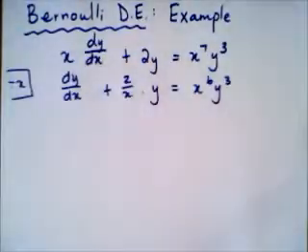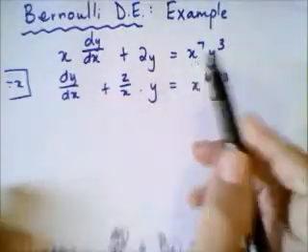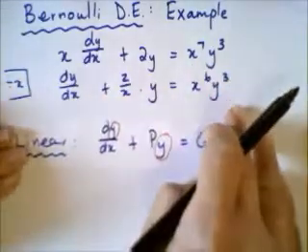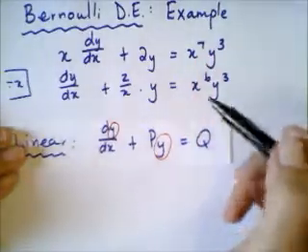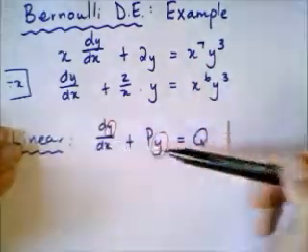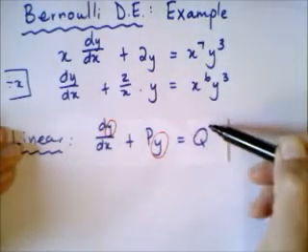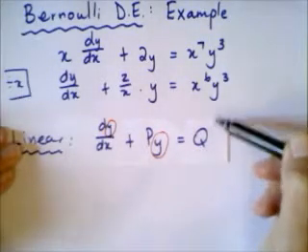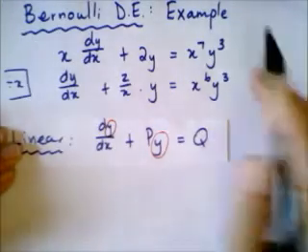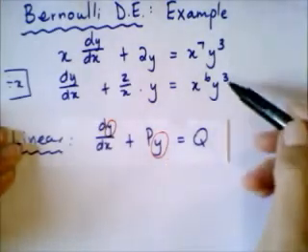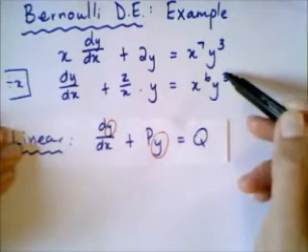Once I've got that, I want to convert this form into linear form because then it's easier to solve. You can just use the linear method to solve it. If you look at the linear standard form and at the right-hand side, you will see that you don't have your dependent variable on the right-hand side at all, which means for our example you don't want that y cubed there.